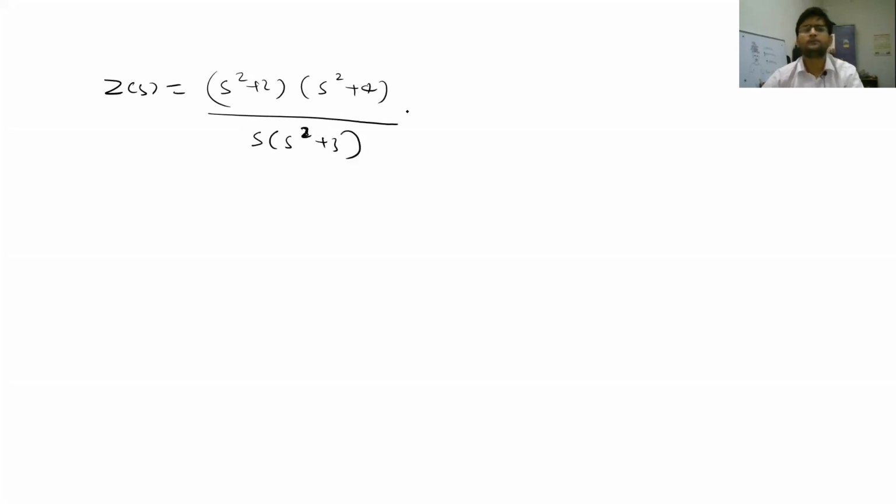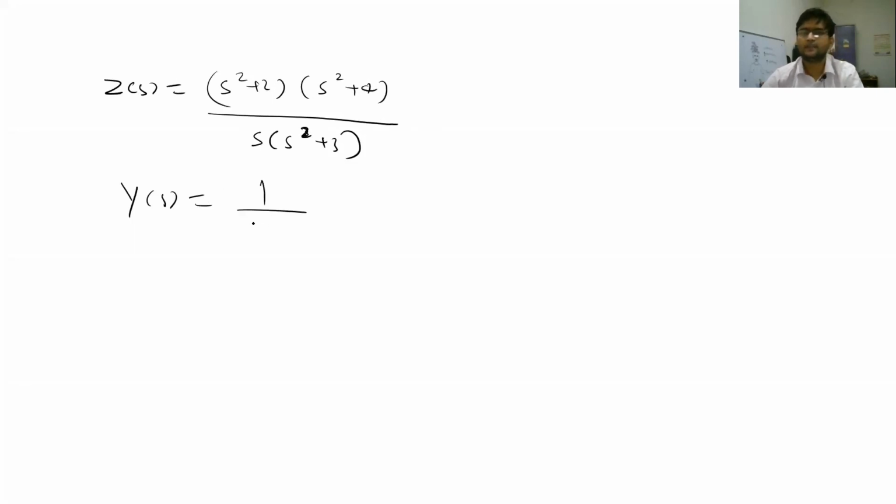So you already know that Z(s) is equal to (s square plus 2) into (s square plus 4) divided by s into (s square plus 3). So if you want the admittance function, what is the admittance function?